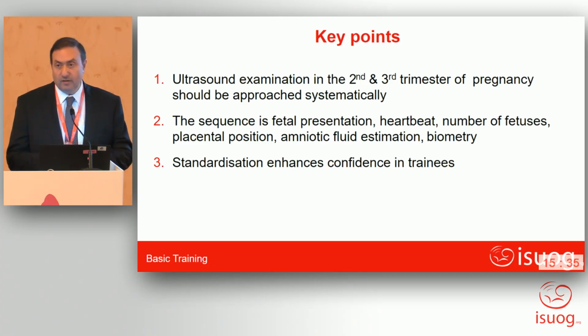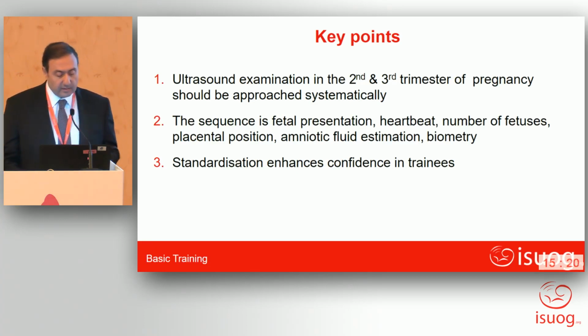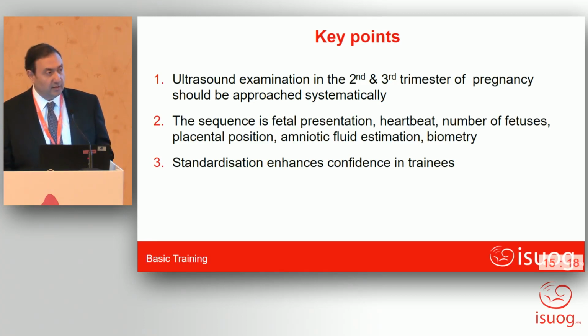We have seen it to be very powerful in the outreach setting. So: fetal presentation, cardiac activity, number of fetuses, placental localization, amniotic fluid estimation, and basic biometry. And standardization enhances confidence in trainees and also standardizes the approach to basic training for ISWAG. Thank you for your attention.